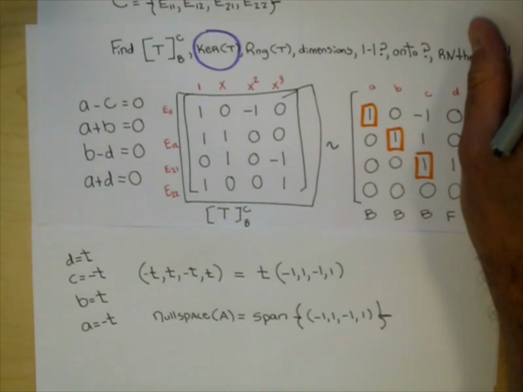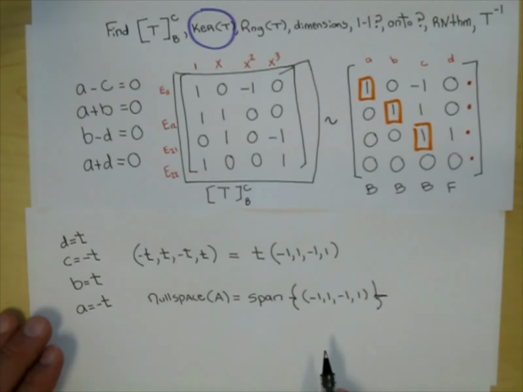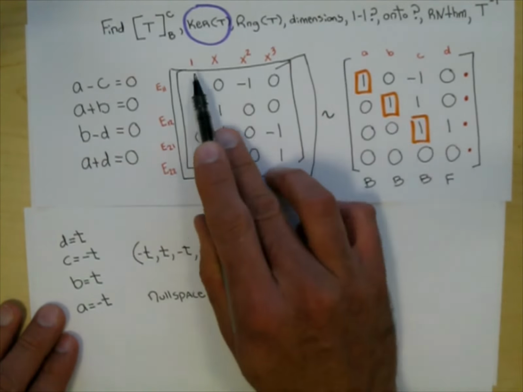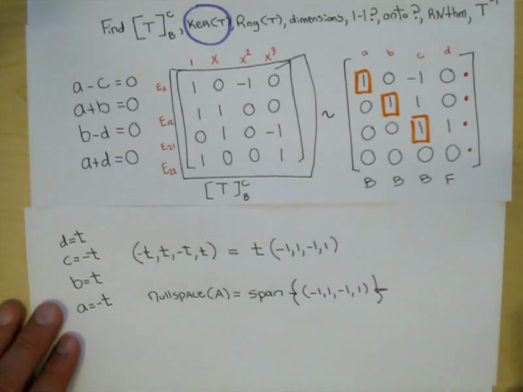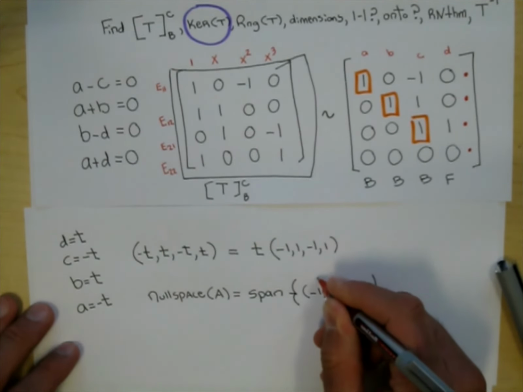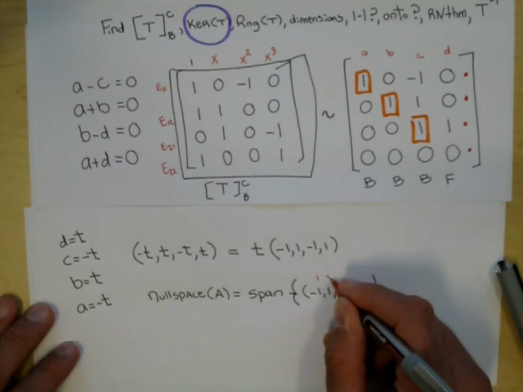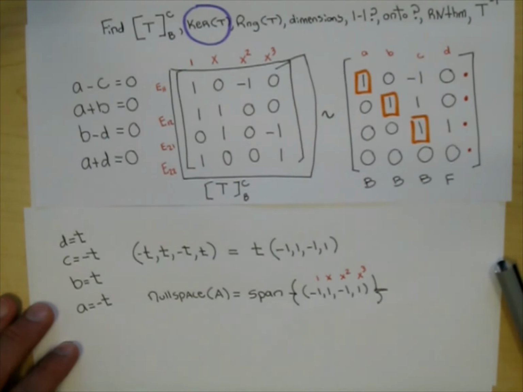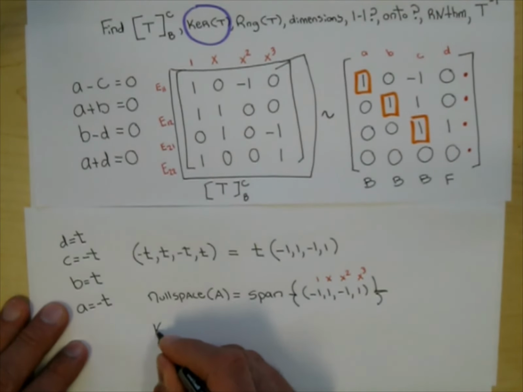But take a look at this. If this is supposed to be from P3, here's the order right here. We have the A, B, C, D, which corresponds to 1, x, x squared, x cubed. I'll put it right above this. So now we can jump right to the kernel.